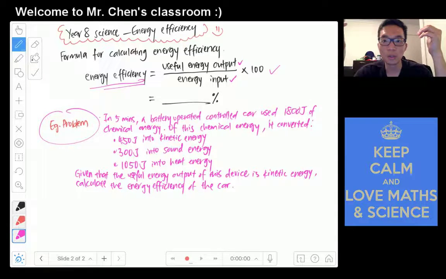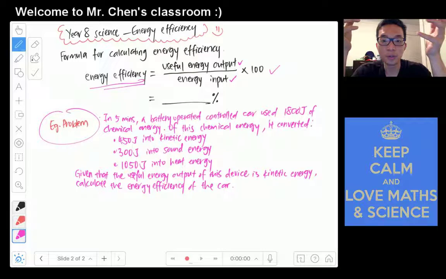To demonstrate, I have provided a question. In 5 minutes, a battery operated remote control car used 1800 joules of chemical energy.